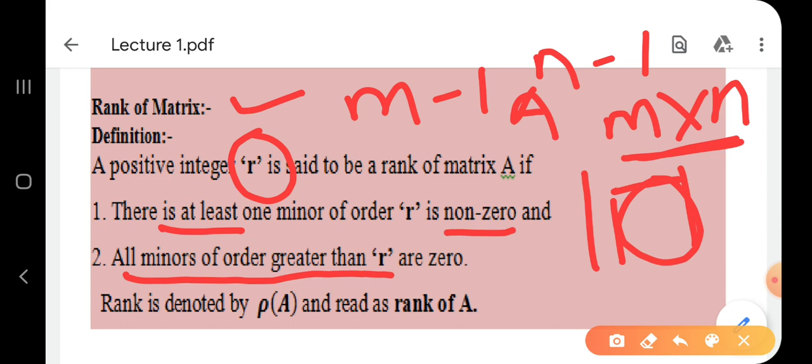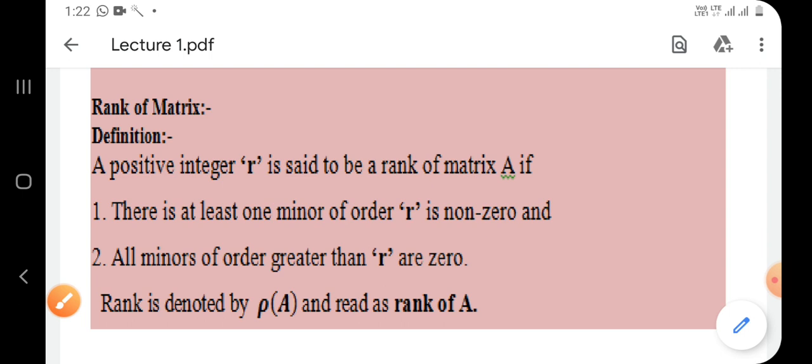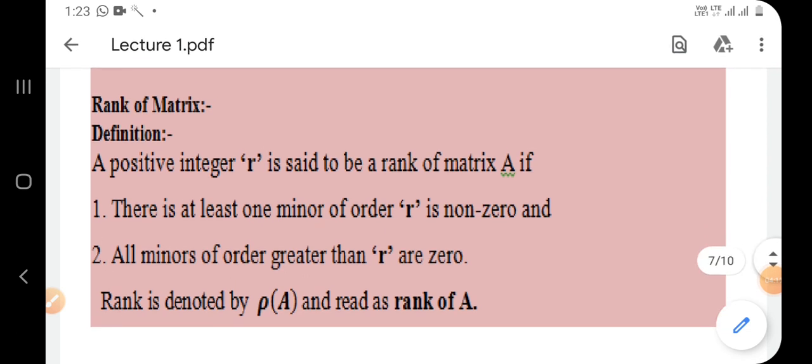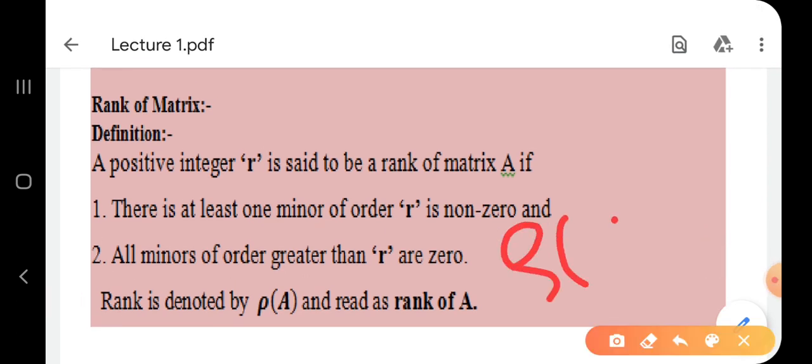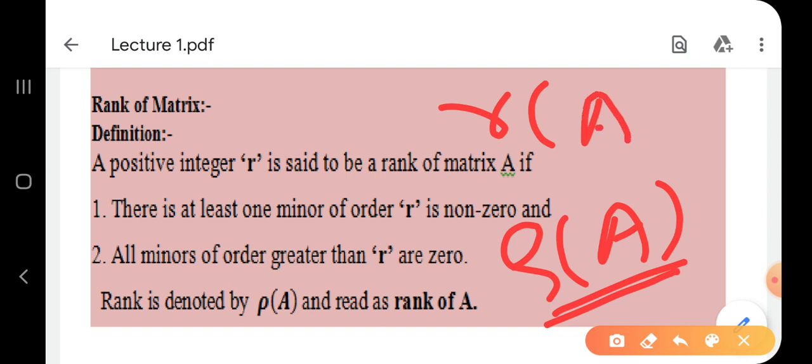So we take a determinant of order R, and if the determinant of order R is not equal to 0 and all the determinants of order greater than R, that is R plus 1, R plus 2, are 0, we can say that the rank of that matrix is R. Rank is denoted by the notation rho of A, or simply you can write R of A, that is also okay, but we use the notation rho of A. It is read as rank of matrix A.